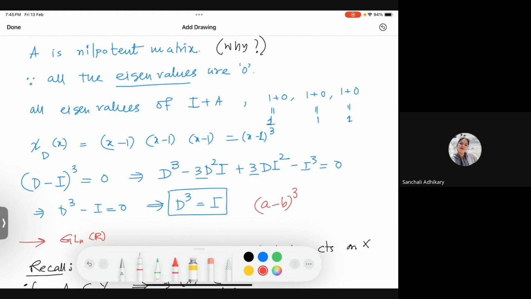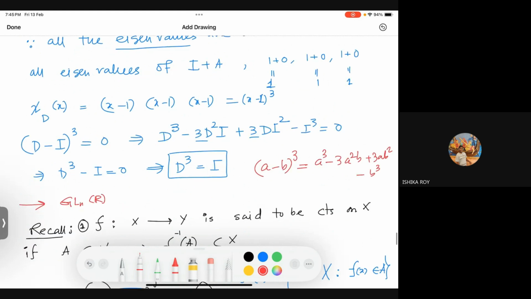Anyone? Ishika? What is the formula? It is A cubed minus 3A squared B plus 3AB squared minus B cubed. Is it true for matrices also? No, right? This is not true for matrices because AB is not equal to BA in general.